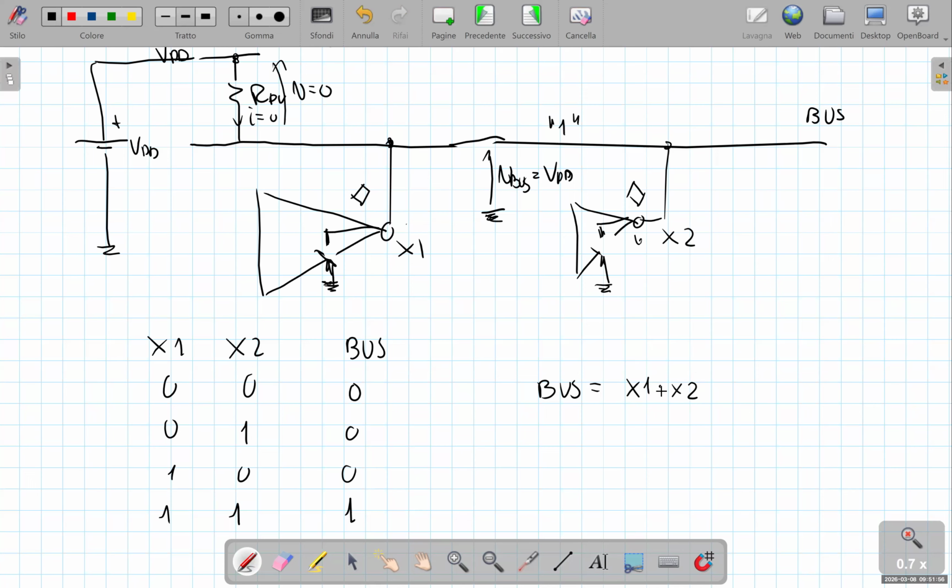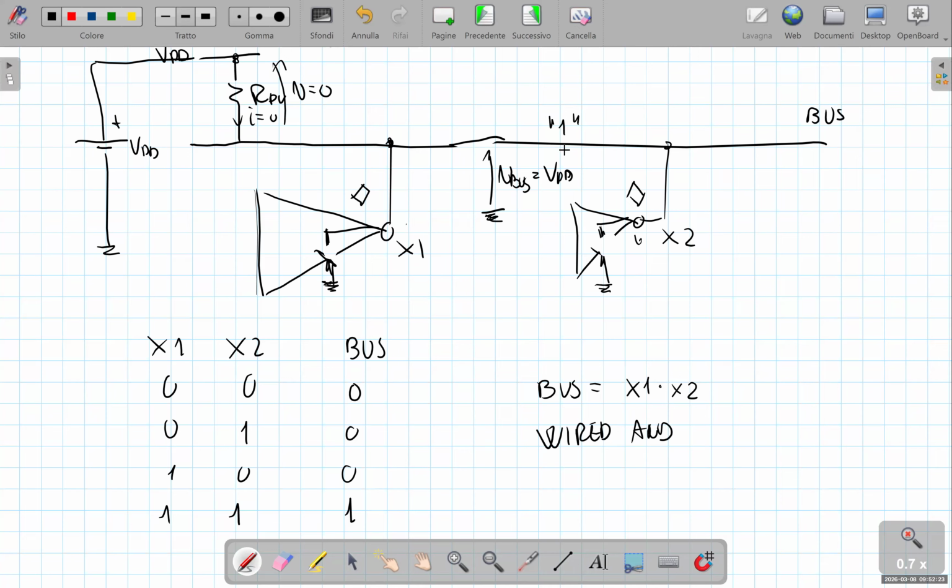Since this is a logical function which is not implemented by a single gate, but derives from the interconnection of the different gates, this is called wired AND.